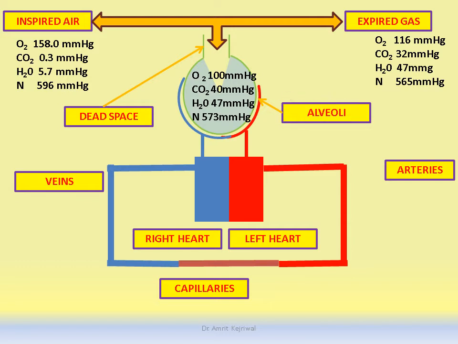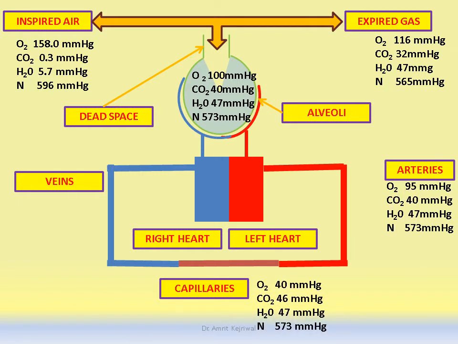Now, just see how it goes, the partial pressure of the various gases in the arteries. So, oxygen comes down from 100 to 95, carbon dioxide remains at 40, water remains at 47, and nitrogen at 573. So water and nitrogen remain the same. There is some mixing of the arterial and venous blood over here in the alveoli and again in the left side of the heart, so it decreases the oxygen concentration to 90 to 95 millimeters of mercury.